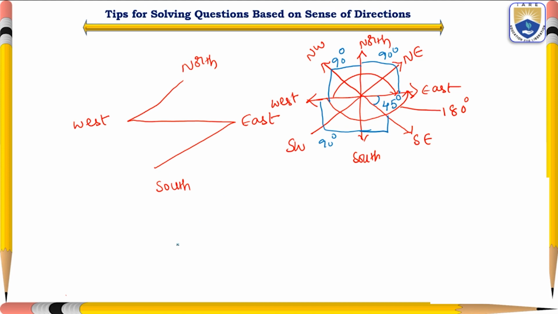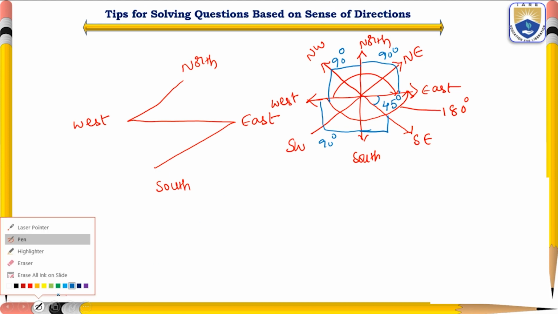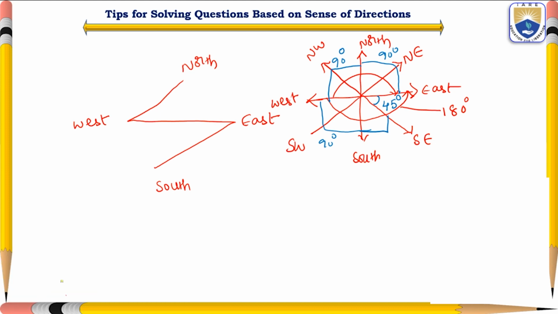If a person has started from one place and comes back to the same place after turning around, turning 180 and then again 180, it is 360 degrees. The person has to move 360 degrees.